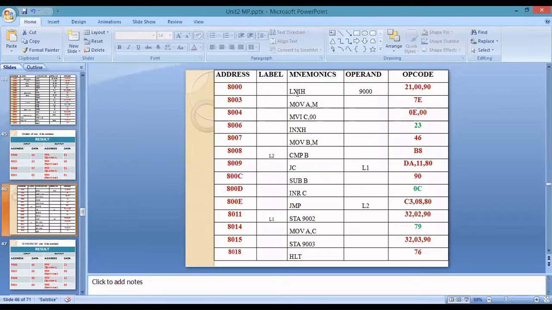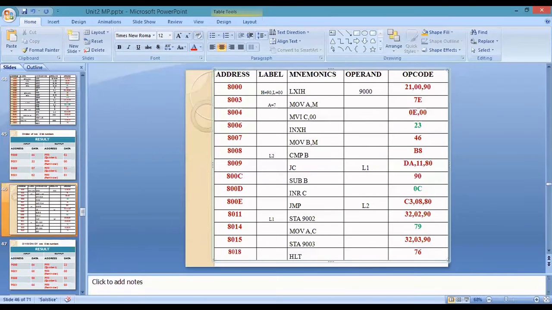First, what I am doing is LXI H, 9000. If you use this instruction, H is equal to 90 and L is equal to 00. It will load the value into the HL register pair. Next one is MOV A, M. So the first value is A is equal to 7. The first address is 9000, and the data is 7.